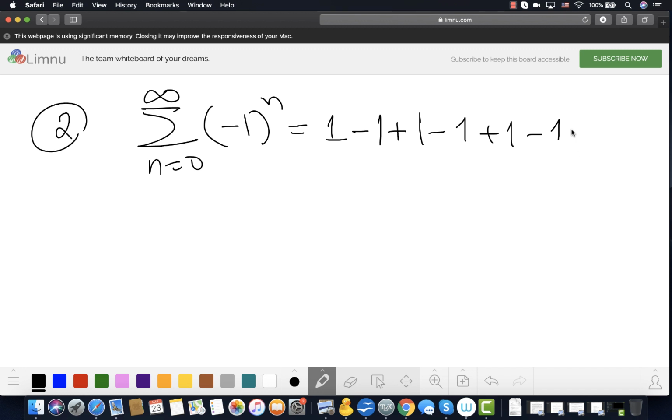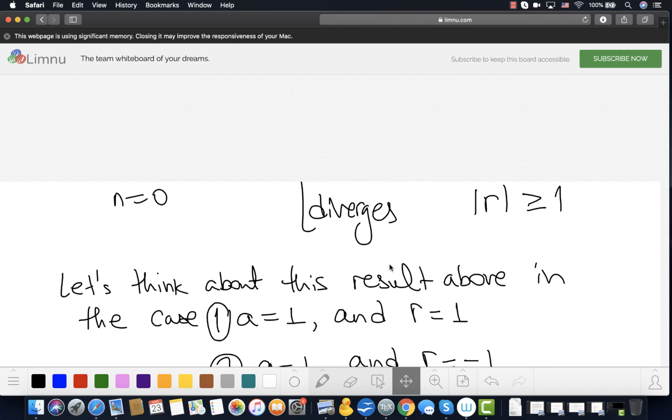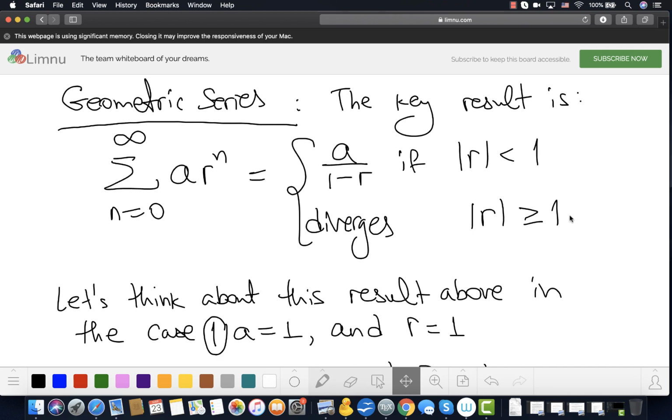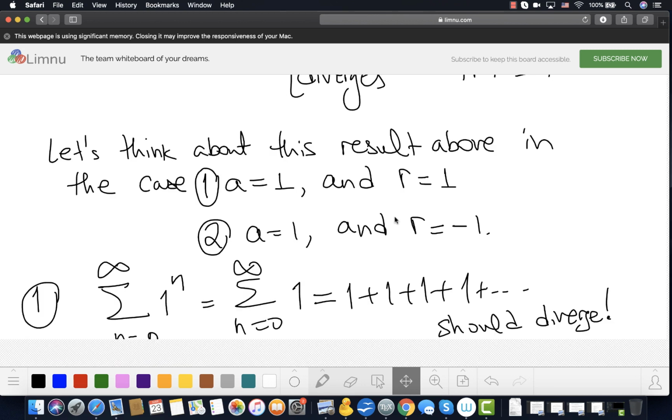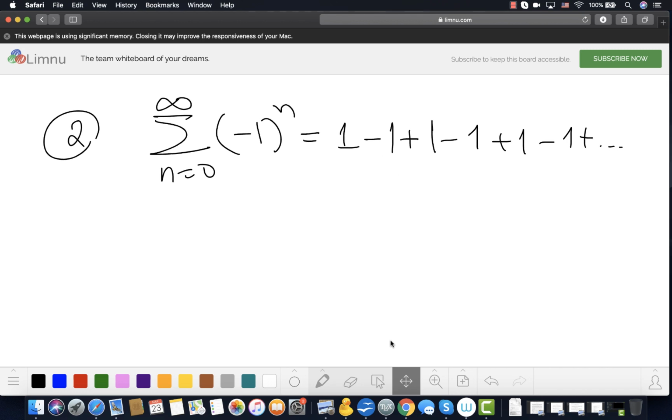So this presumably diverges, because that's what this result says. This key result tells us that when r is -1, you're in the second case, so it should diverge. So how could we see from the sequence of partial sums that this should diverge?